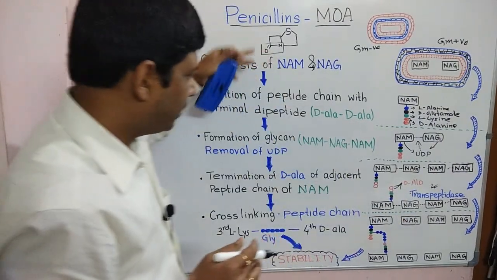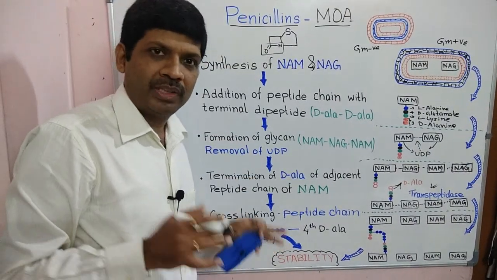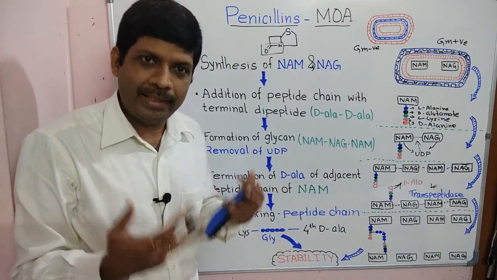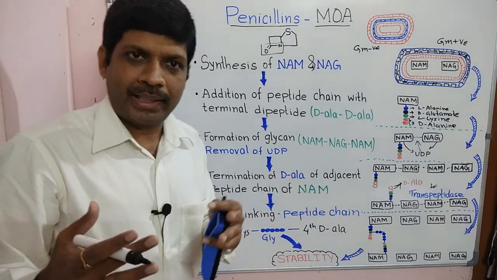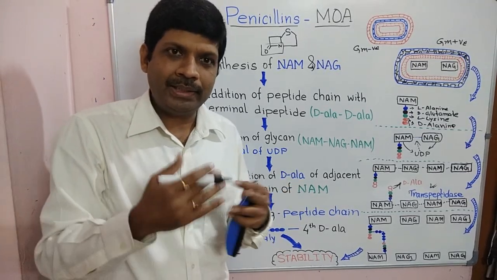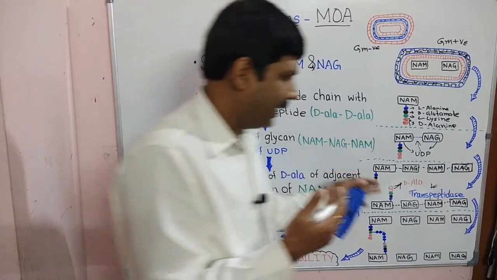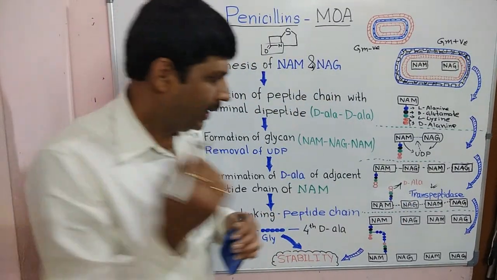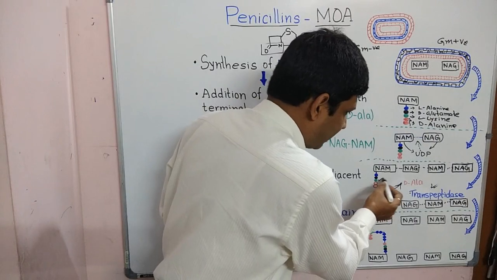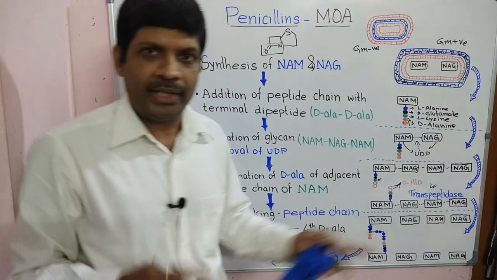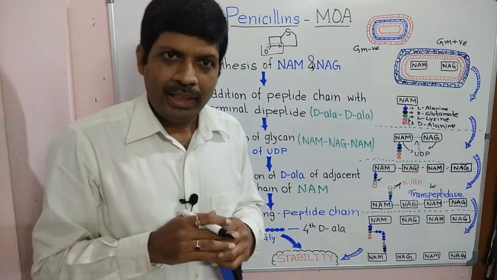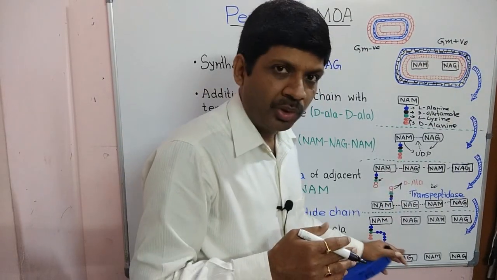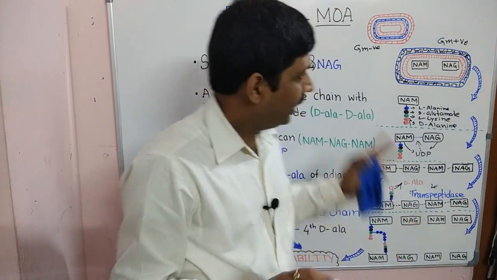So the natural process goes on for the cell wall synthesis, where there is formation of peptidoglycan chain, and then there is the cross-linking of peptides by the help of the transpeptidase enzyme. That happens via the third lysine and then the terminal D-alanine of the adjacent chain, and that goes on. That is normal.